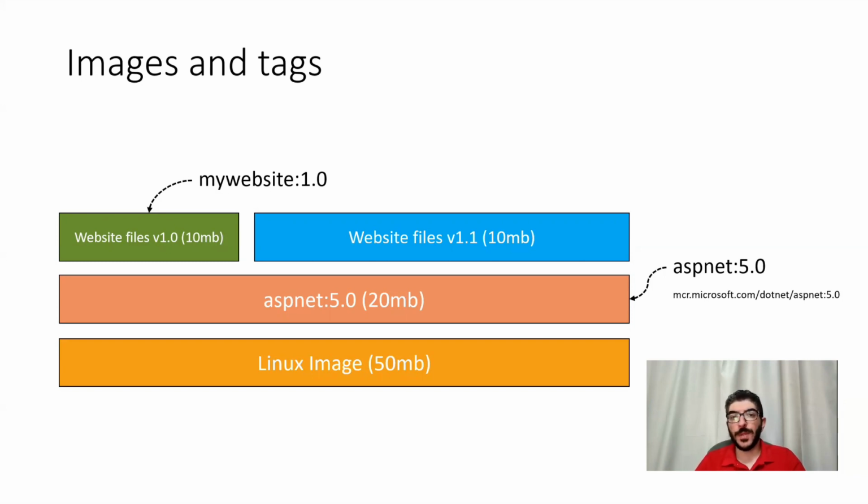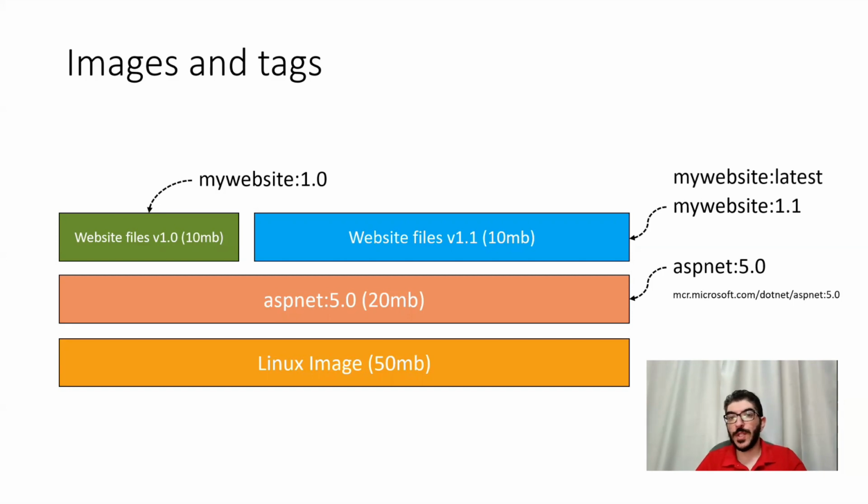Let's say I want to create 1.1 for now. So 1.1 has the same image name, my website, and it has the tag 1.1. Another thing to know about tags, I can assign multiple tags to an image, and by convention, the latest version of an image usually takes the tag latest.